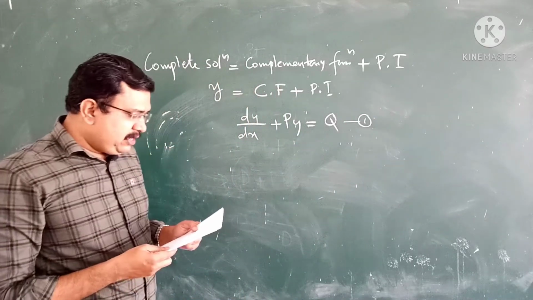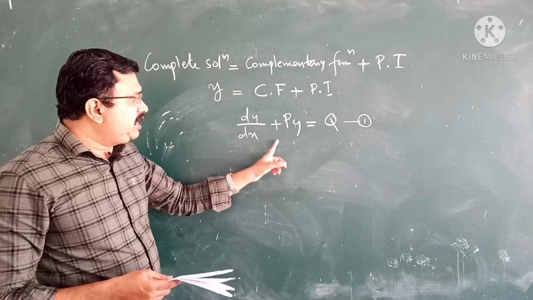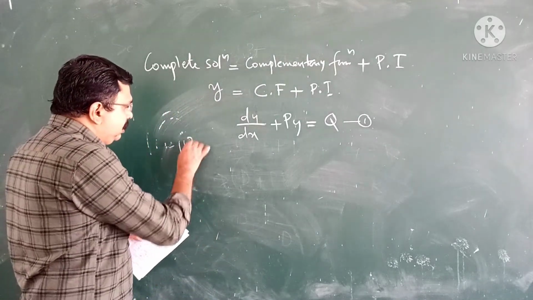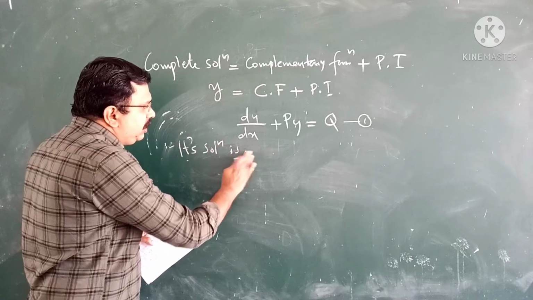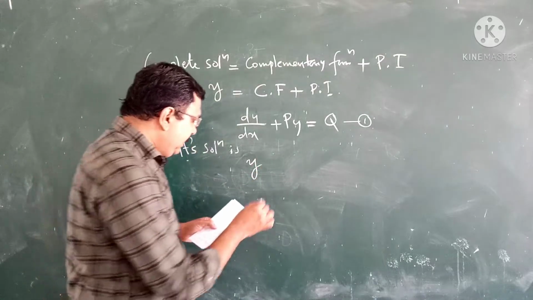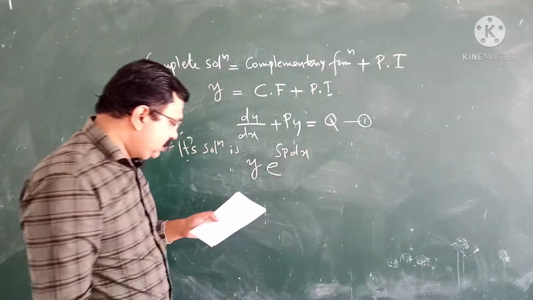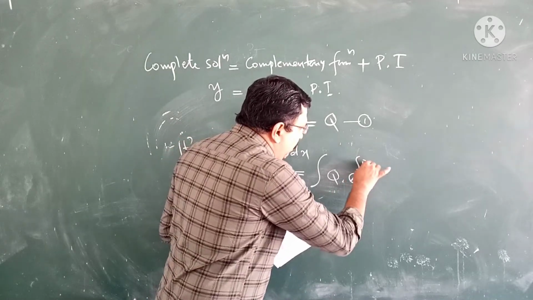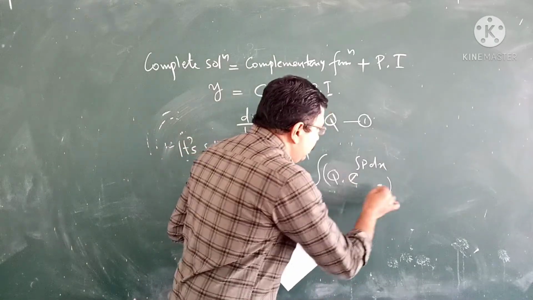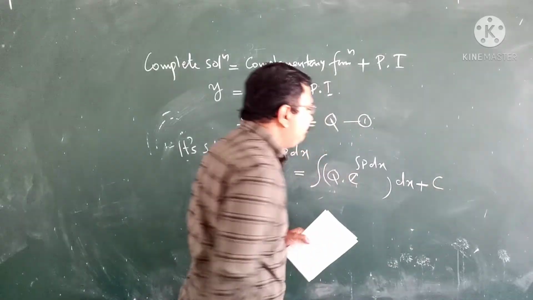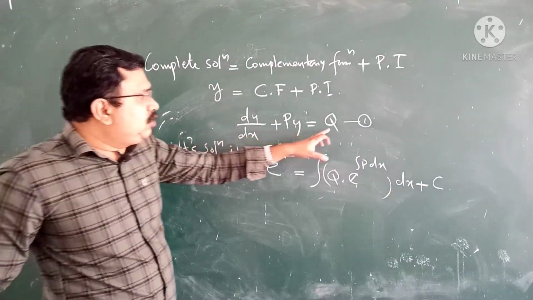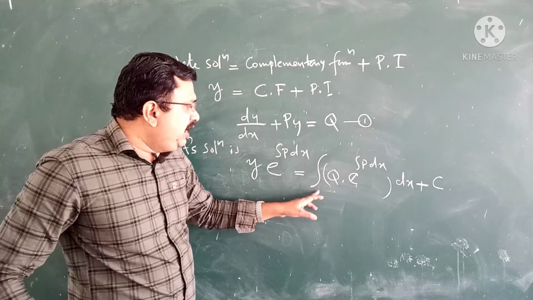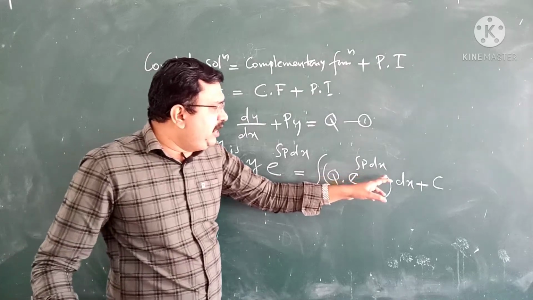Then we know that its solution is y e^(∫p dx) = ∫ q e^(∫p dx) dx + c. If dy/dx + py = q, then its solution is given by y e^(∫p dx) = ∫ q e^(∫p dx) dx + c.